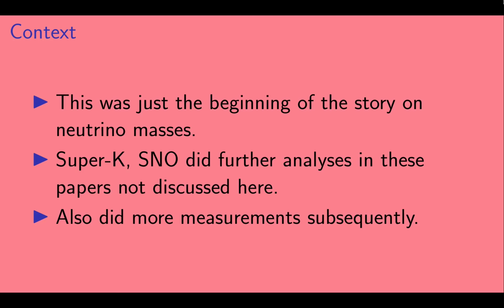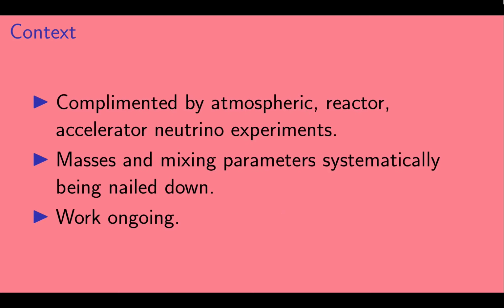They also went on to publish many more results. And additionally, there have been many neutrino experiments since then. These results have been complemented by atmospheric, reactor, and accelerator neutrino experiments. The neutrino masses and mixing parameters are being systematically nailed down, and work is still ongoing.